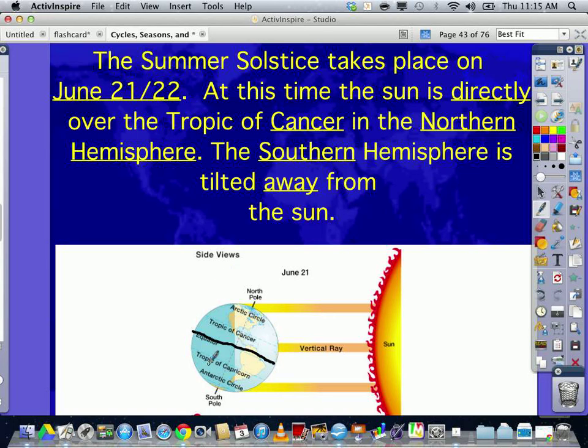Summer solstice takes place around June 21st or 22nd. Again, that day varies according to the year and the calendar. So as you can see here, this time the sun's rays strike directly over the Tropic of Cancer. So the southern hemisphere is tilted away from the sun.